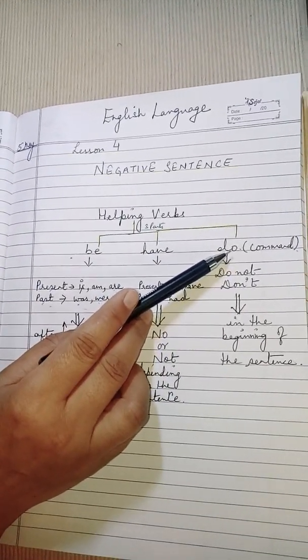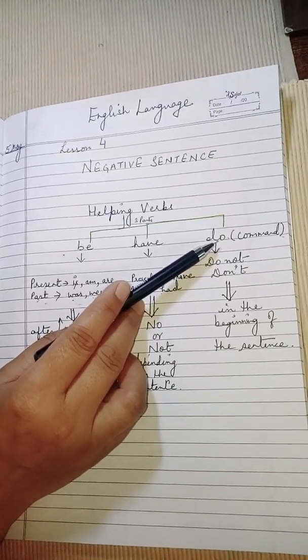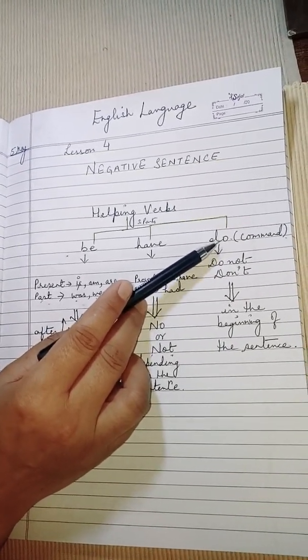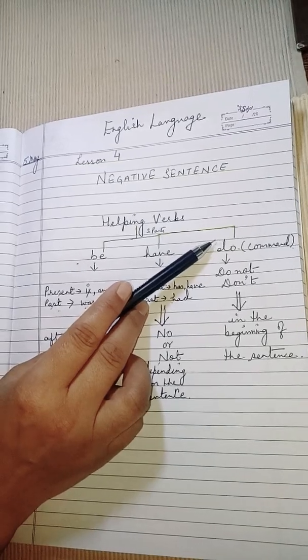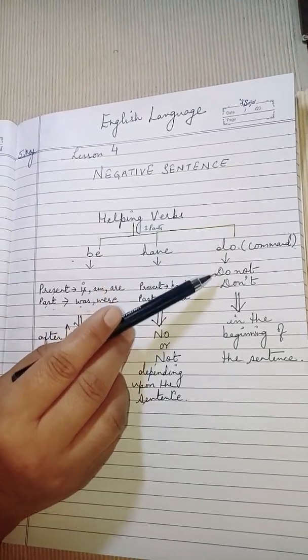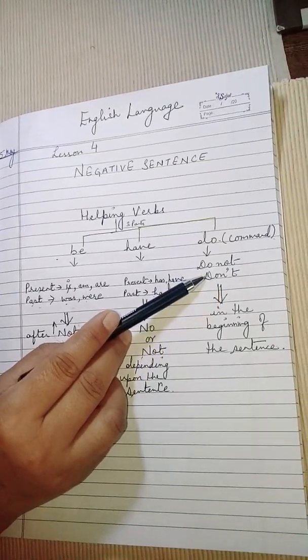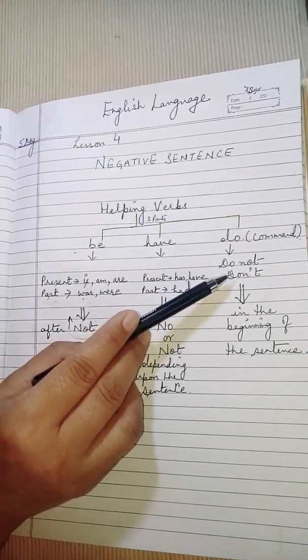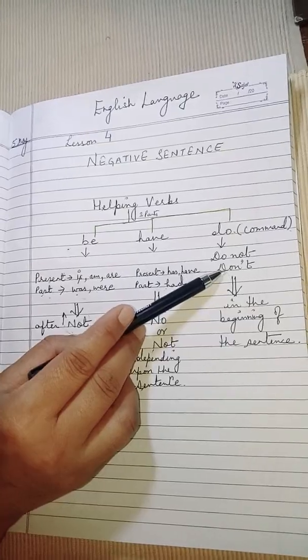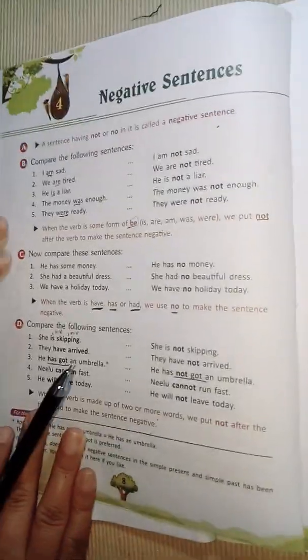Children, do is a command. Command is an order basically. So either you are going to use do not or don't, and this will be used in the beginning of a sentence. Alright children, now I'll explain along with your book.